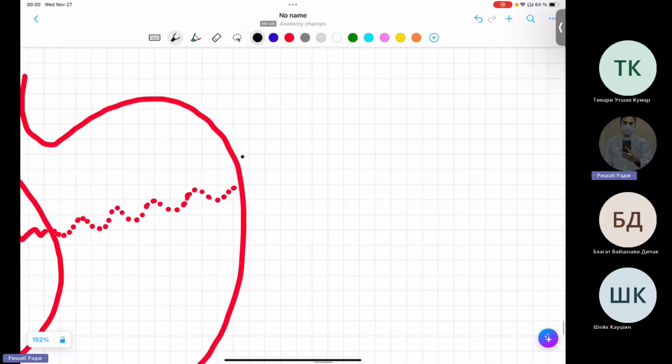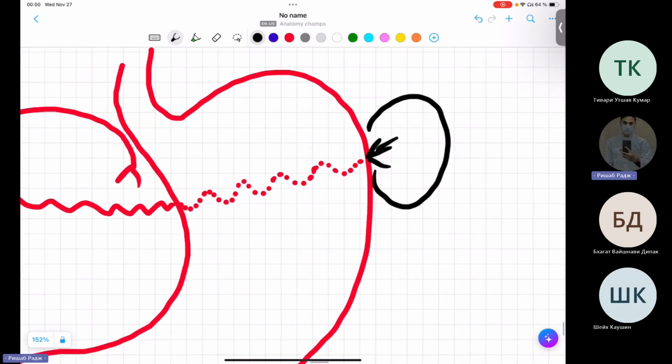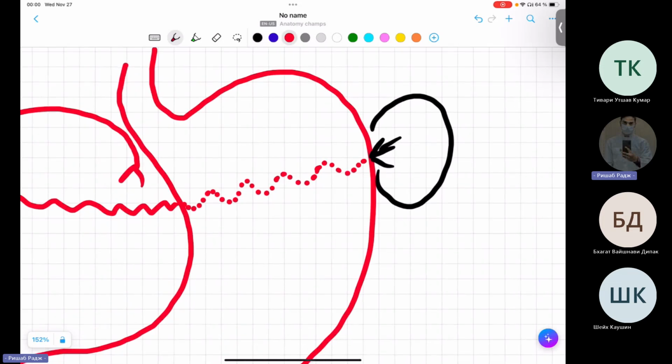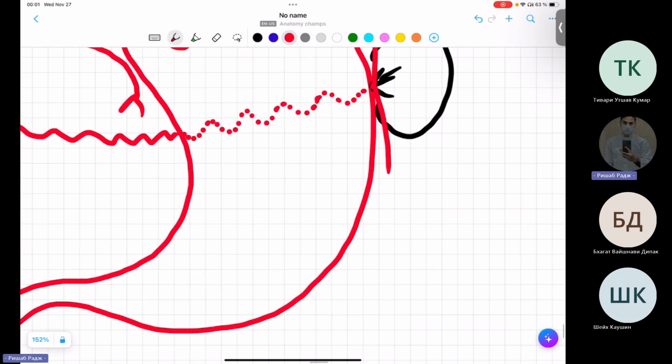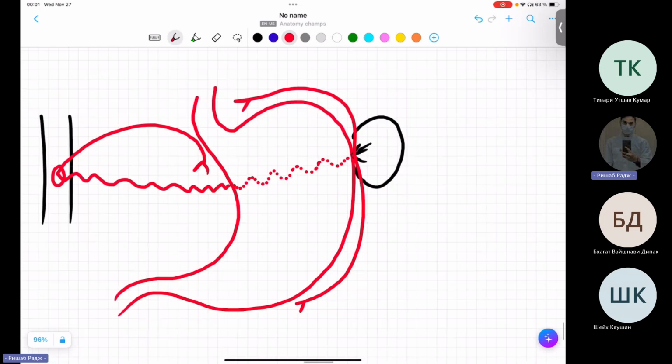Here you will have your spleen. Here it will give rise to many hilar branches and supply the spleen. From the splenic artery again, the short gastric artery will come and supply the fundus part of the stomach. From the splenic artery again, the left gastroepiploic artery will come and supply the major part of your greater curvature.